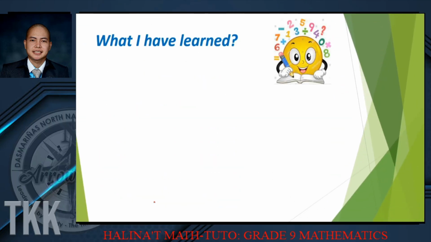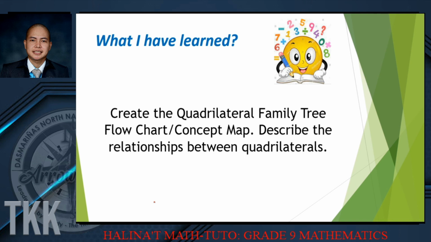What I have learned, you can create the quadrilateral family tree. Pwede siyang flow chart or concept map. Describe the relationship between quadrilaterals. Marami naman kayong makikitang parang flow chart at iba-iba.